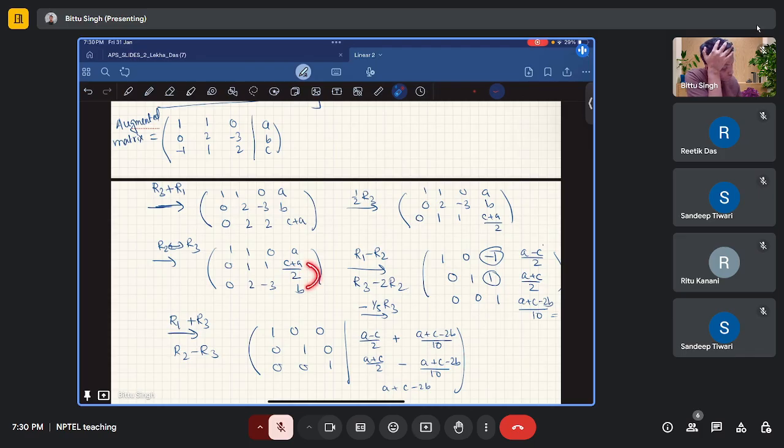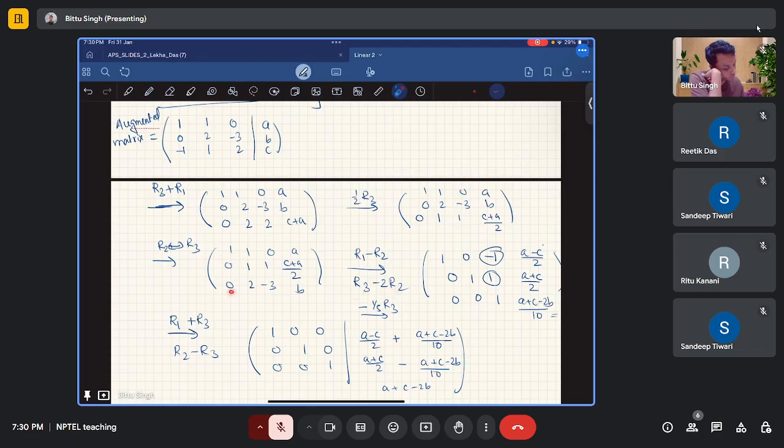Then exchanging those two rows, 0, 1, 1, (c plus a)/2 and 0, 2, minus 3, b. It is okay. Now R1 minus R2, that is this minus this. So you'll get 1, 0, minus 1. It is okay. A minus, that is a minus c by 2. It is okay. And R3 minus 2R2.